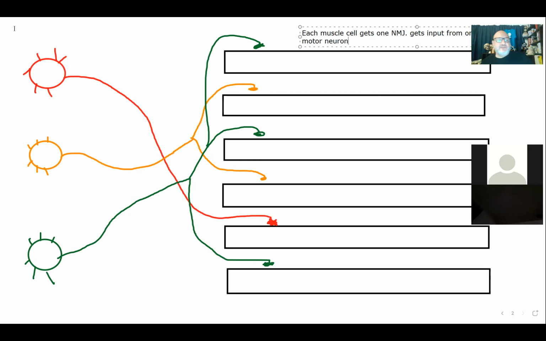However, each somatic motor neuron can communicate with many skeletal muscle cells.